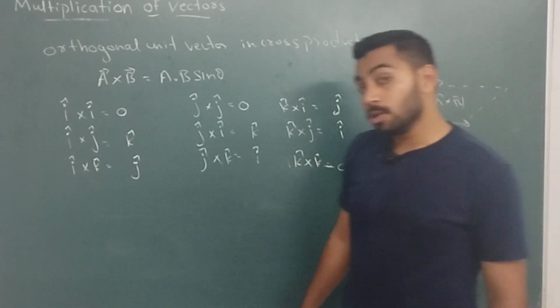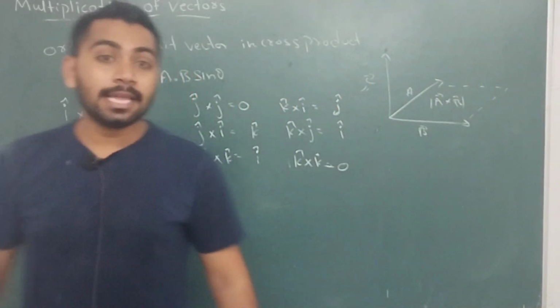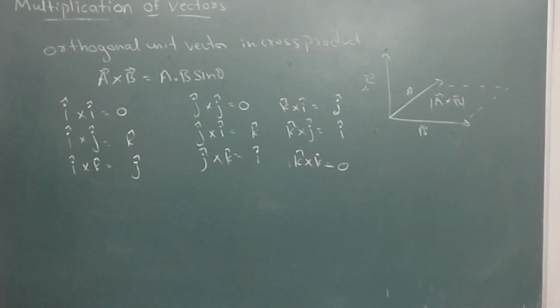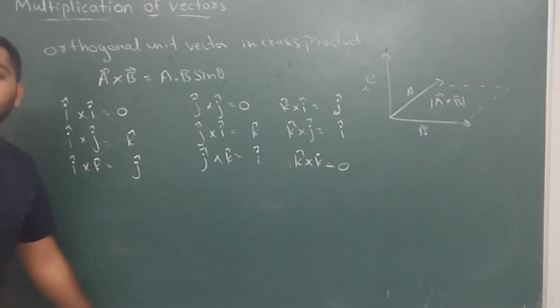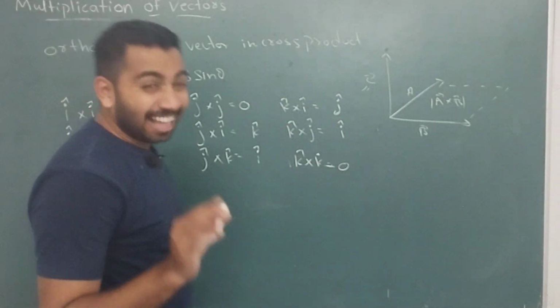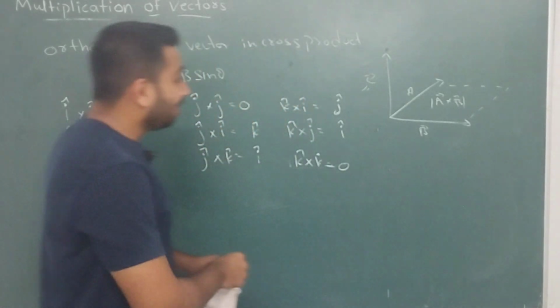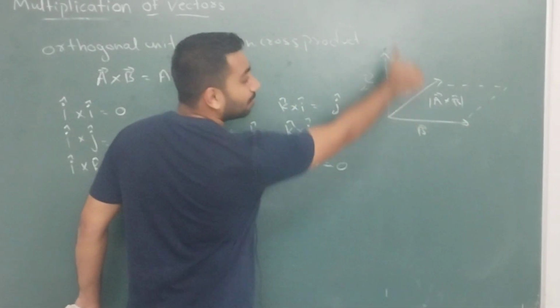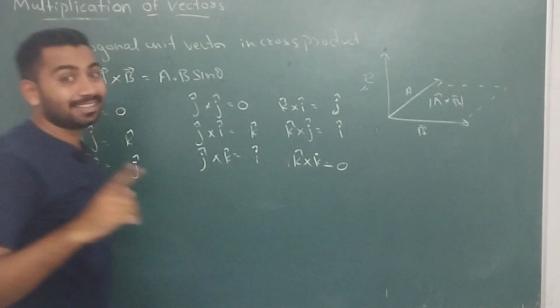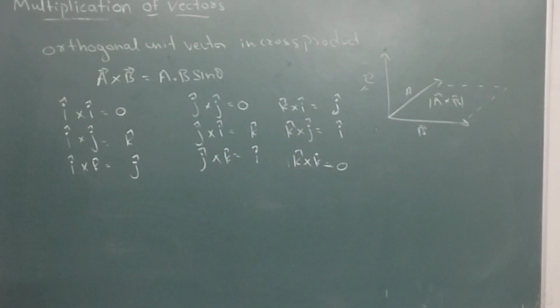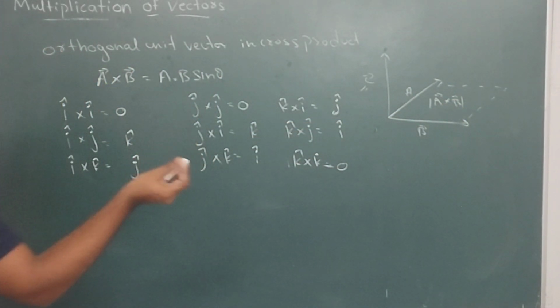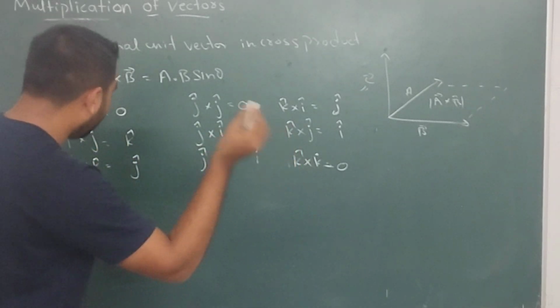No. There is a small flaw in this flow. Some become negative, some become positive. I just said when you are going from A to B, positive; B to A, negative. Similarly here, how to identify that? I will show you one small idea.